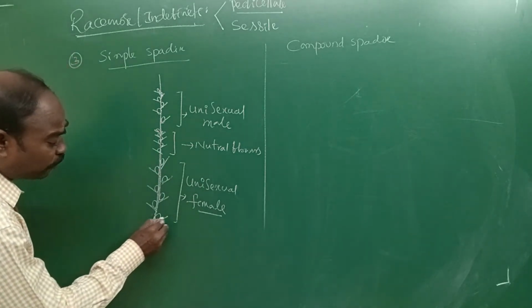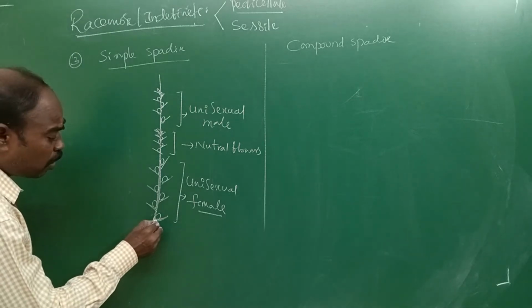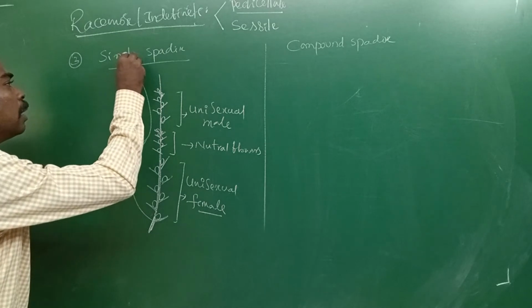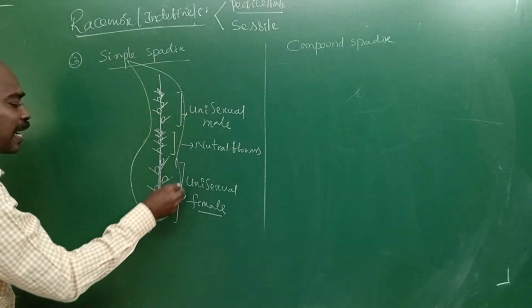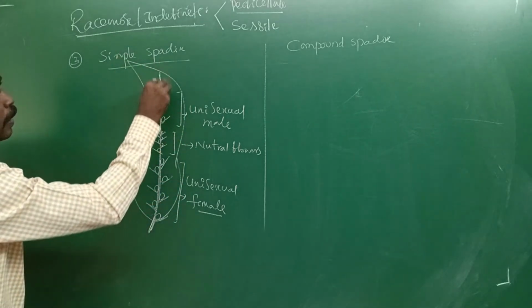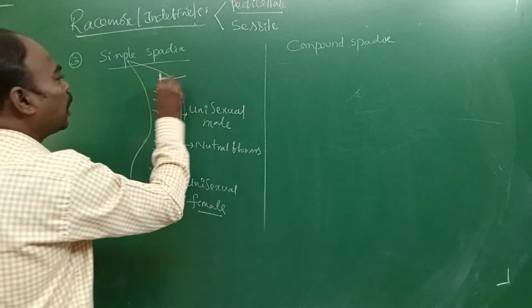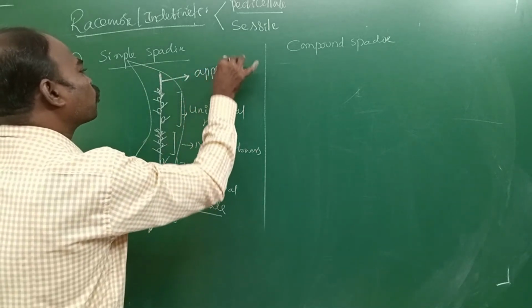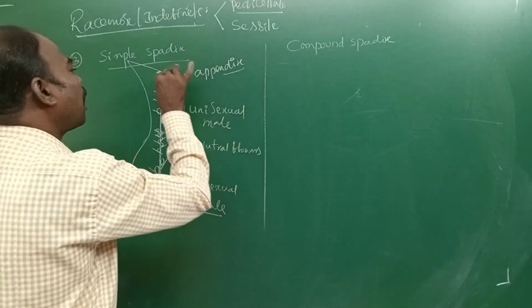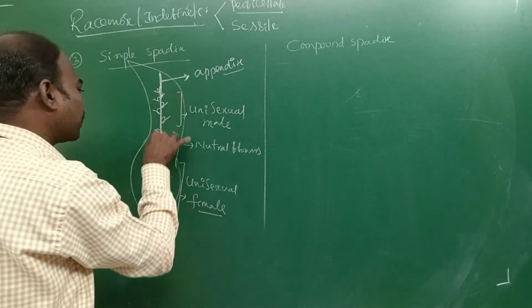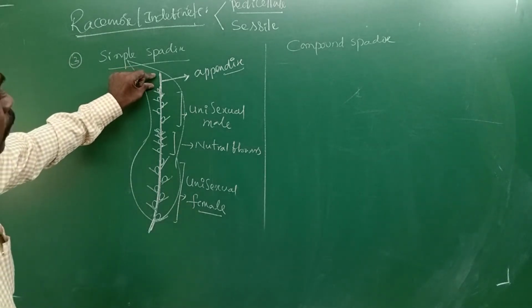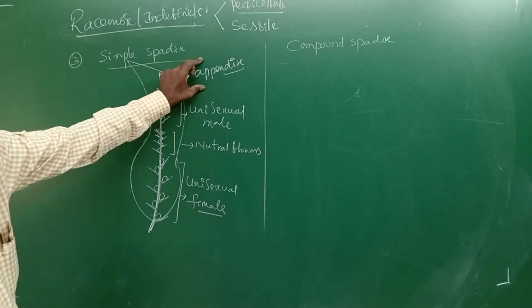The bract of these flowers gets modified and covers the whole inflorescence axis. The tip that does not produce flowers is called the appendix. At the tip of the peduncle, flowers are not borne. That unformed flower area is called appendix.